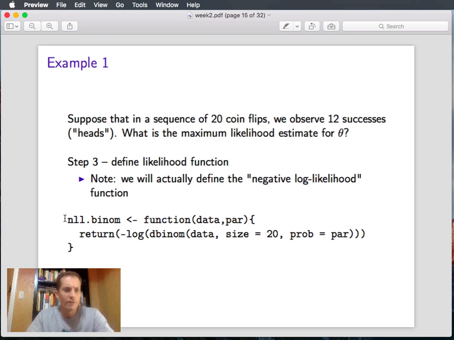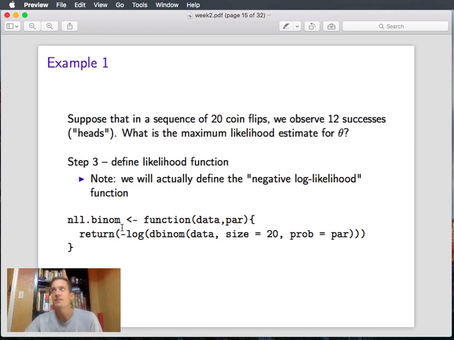Again, I've provided all of these examples in the R script for this week, the week2.r, but I do want to walk through this a bit. What I have to do is define a function in R, and that's done in the following way. I have a little thing here that names the function. This may look a little strange, but I call it NLL.binom. That means negative log likelihood, and then I just have a little dot for a visual separator, and then of course binom refers to binomial.